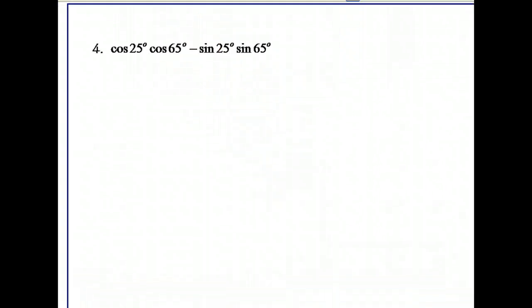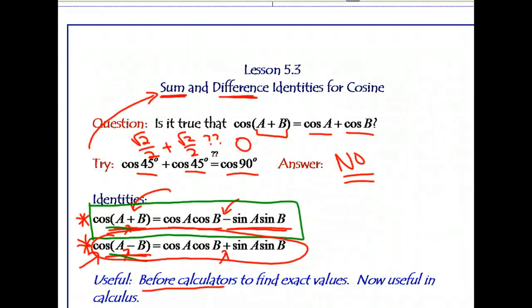All right, can you do this identity backwards? So here's cosine 25, cosine 65, sine 25, sine 65. You don't know those. Those aren't in your table. But let's look. That looks like the right side of our identity. Cosine, cosine minus sine, sine.